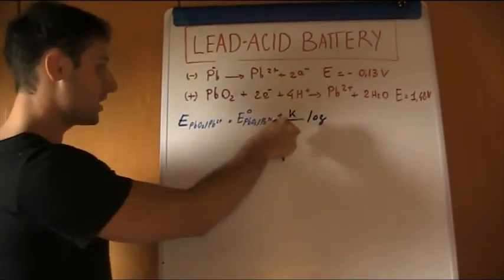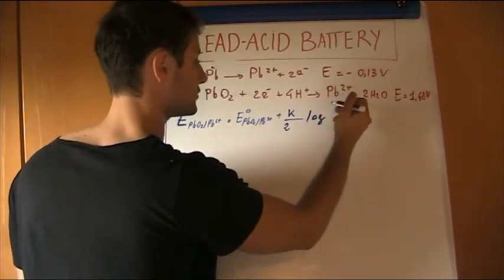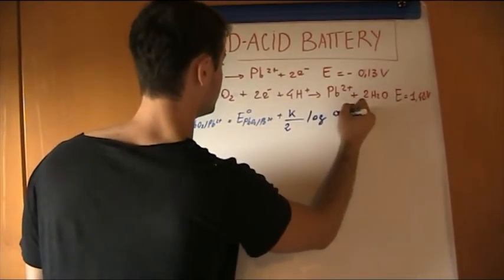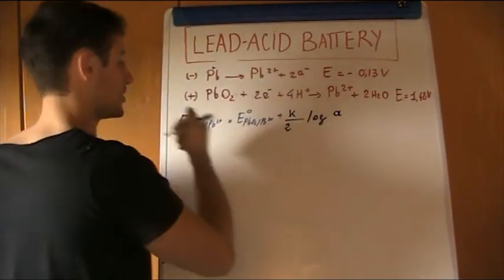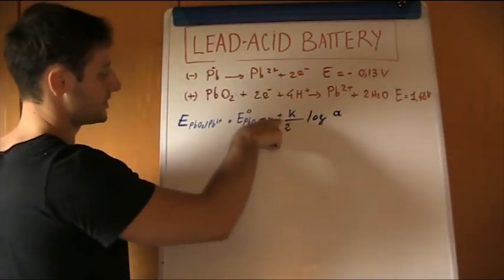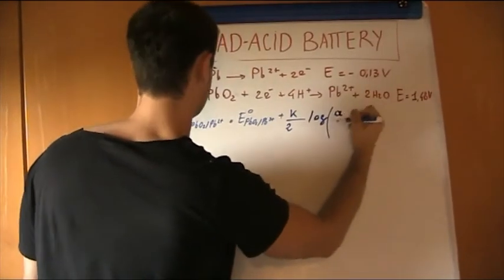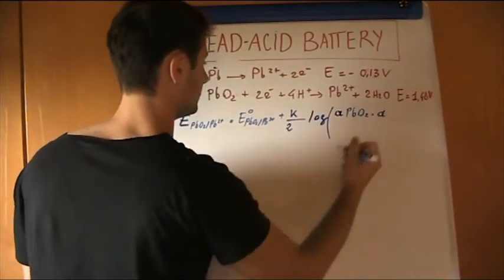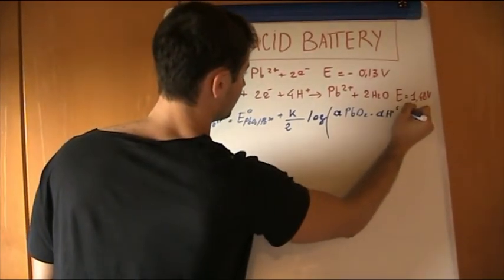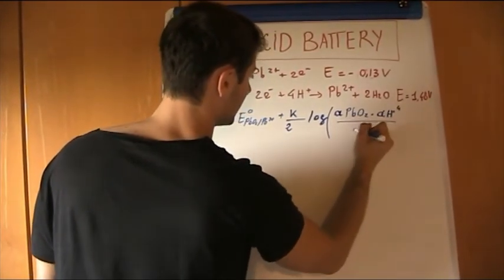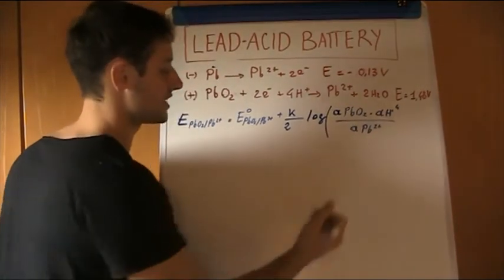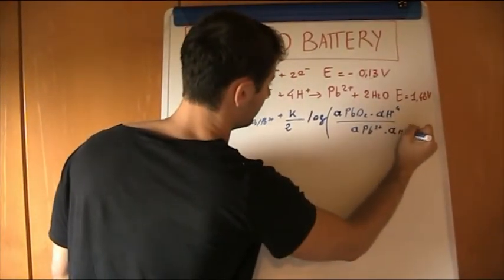And here we have also the activity of the reagent, since it's positive. And so we have this for this H+ to the 4 and this 2+ and the activity of water.